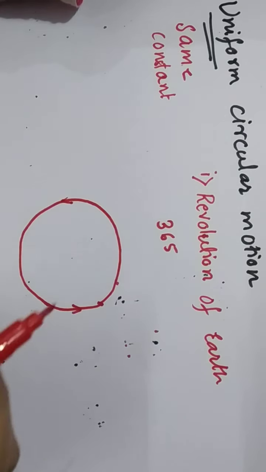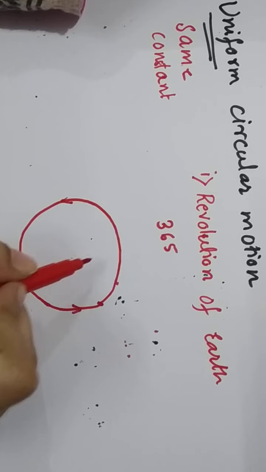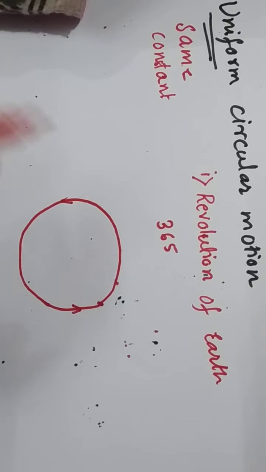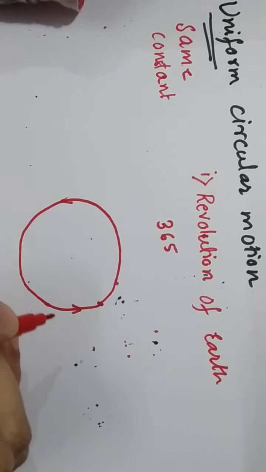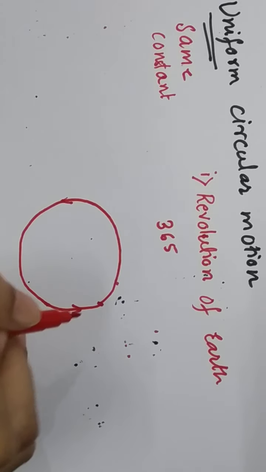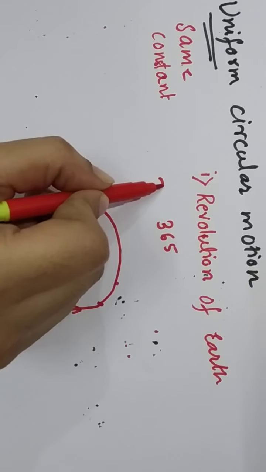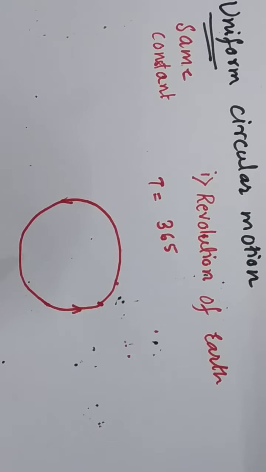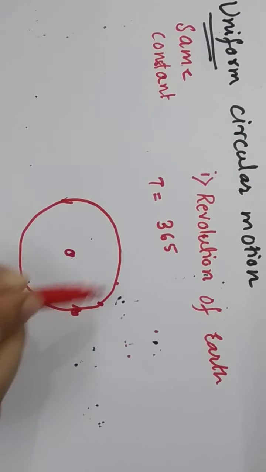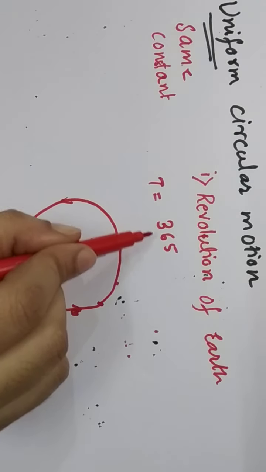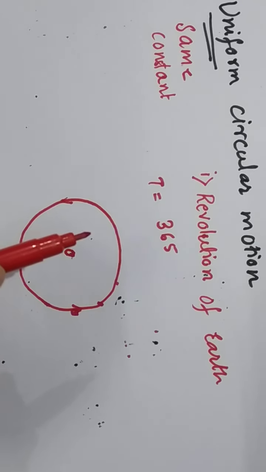What does it mean? It means that the Earth is describing equal distance in equal time intervals. Its motion is periodic, and the time period of its motion is 365 days. If this is the position of the Sun and this is the position of the Earth, the Earth is going to revolve around the Sun in a specific time interval of 365 days.